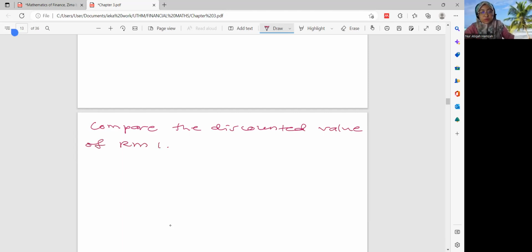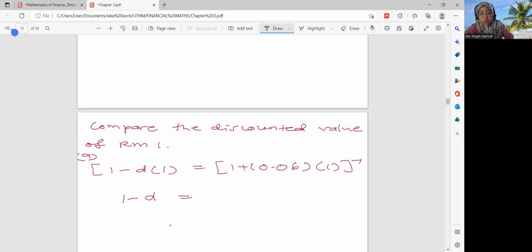So we have 1 minus D1, this is for A, is equal to 1 plus 0.06 times 1, to the power of -1. So 1 minus D is equal to 1.06 to the power of negative 1. So we have D is equal to 5.66%.